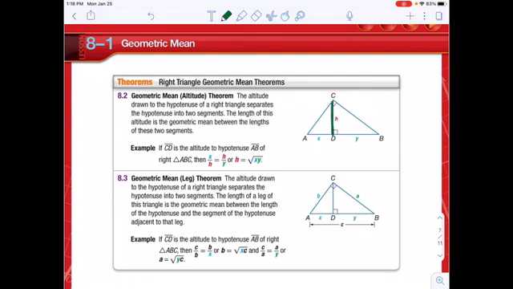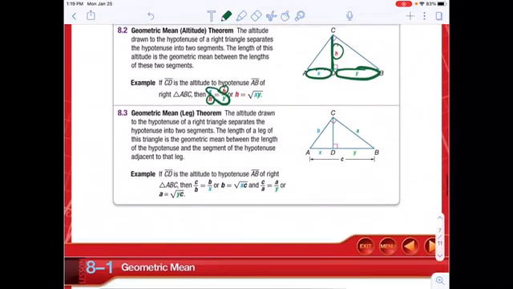We can either set up our proportions like we had before, or we can see that the altitude is equal to the geometric mean of the two segments that it cuts the hypotenuse into. So x times y is equal to h squared, or h equals the square root of x times y.